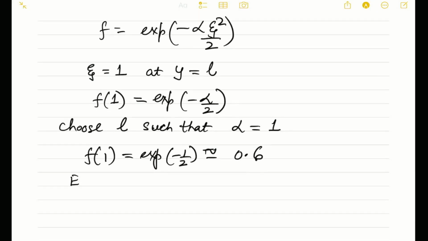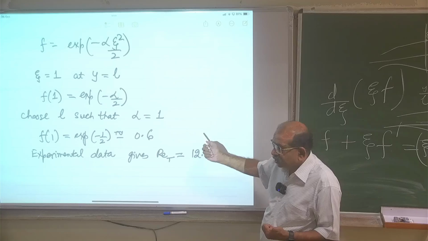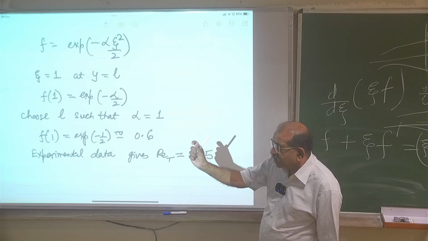And the experimental data gives the value of RET equal to 12.5. We have assumed nu t is equal to constant. So therefore, u times L was also constant.